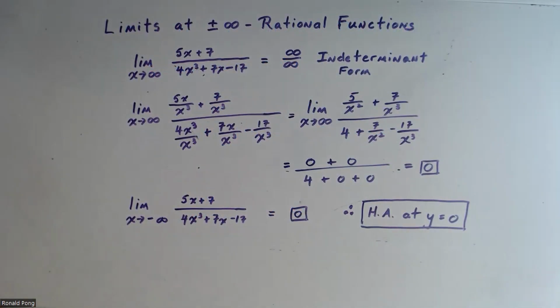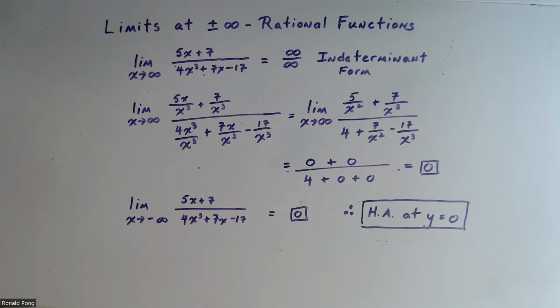If we apply the limit process as x approaches positive or negative infinity to rational functions, then we should arrive at the horizontal asymptote result that we learned in pre-calculus.